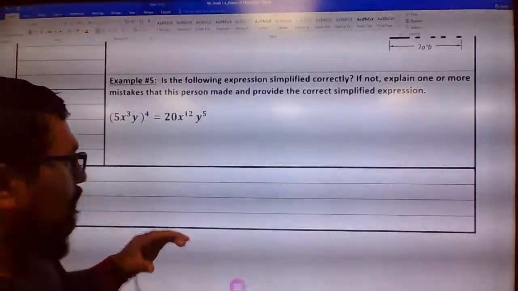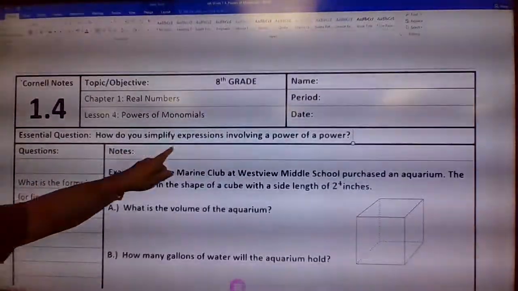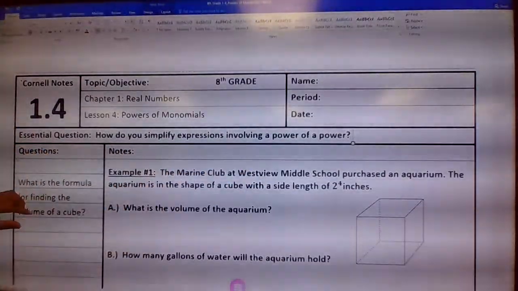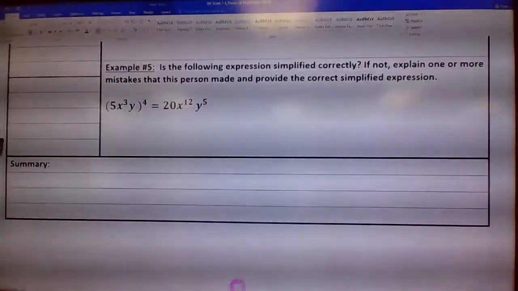Now on your summary, remember your summary was answering the question, how do you simplify expressions involving a power of a power? How do you simplify the expressions?